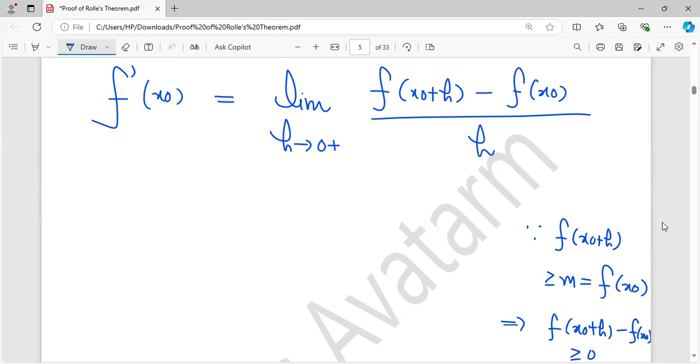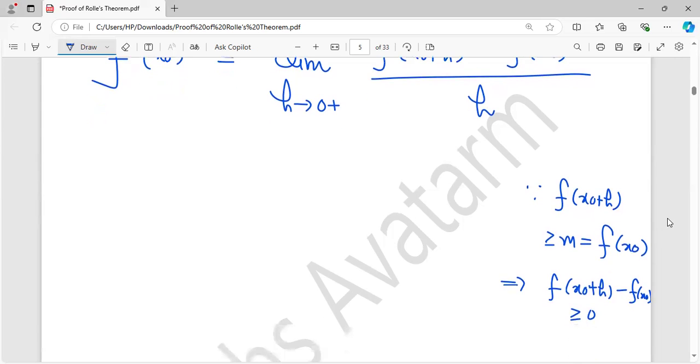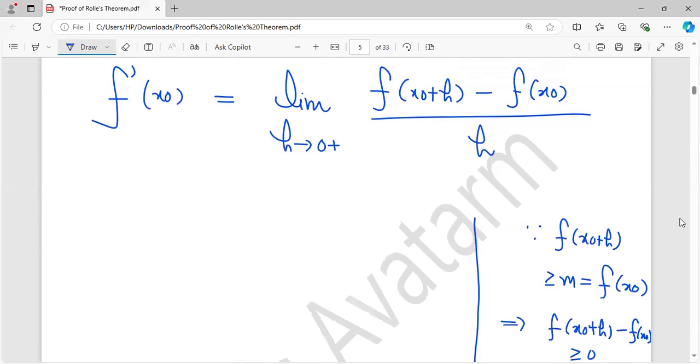And h is also positive because we are approaching from the right hand side, from the positive direction of 0. So the limit will be non-negative and the derivative exists. That is why this limit is non-negative. So this implies f dash of x naught is non-negative.